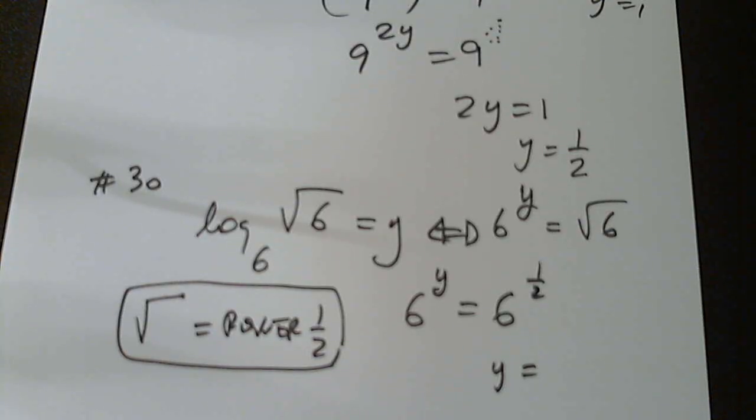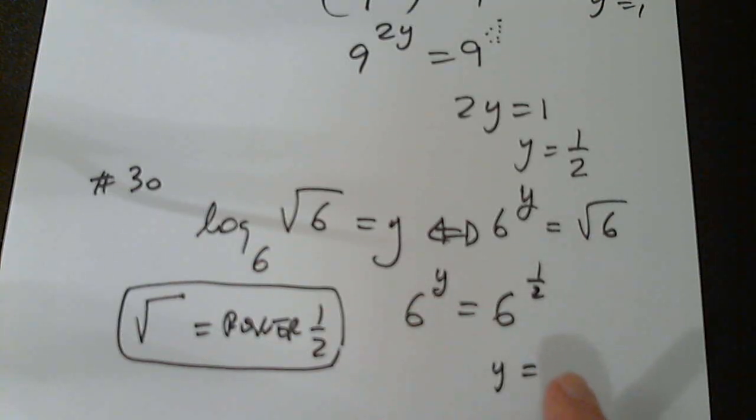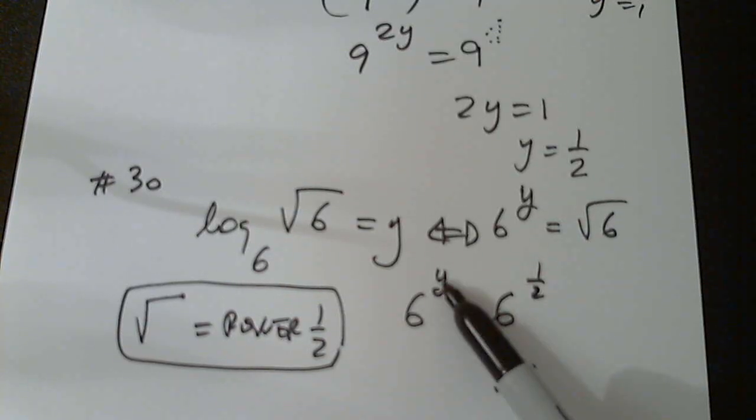The only possible number. 6 to a number equals 6 to 1/2. What should that number be? Can this be 5? No. 6 to the 5th power cannot equal 6 to 1/2. Can it be -3? No. 6 to -3 cannot equal 6 to 1/2.